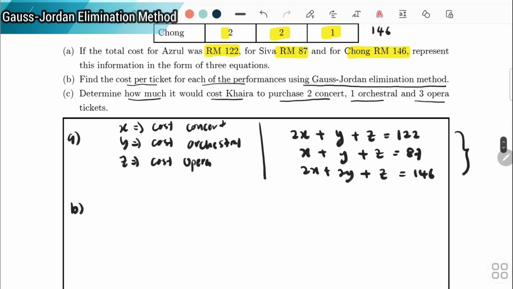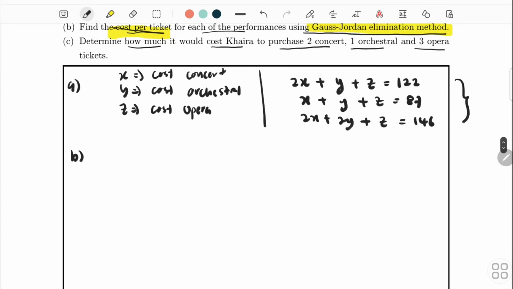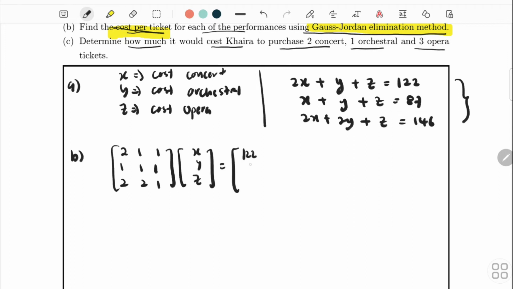So we proceed to part B: finding the cost per ticket for each of the performances using the Gauss-Jordan elimination method. To use it, we start with AX equals B. So 2, 1, 1, 1, 1, 1, 2, 2, 1 stands for the matrix A, multiplied with X, which is x, y, z, is equal to 122, 87, 146.